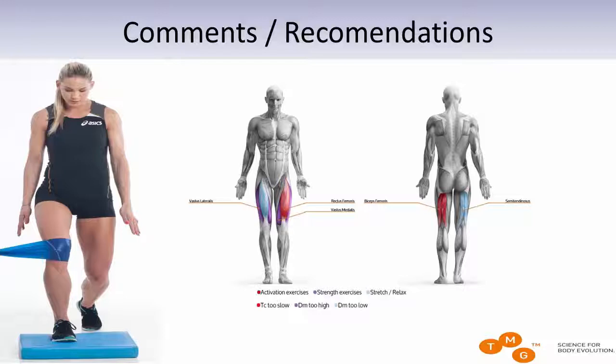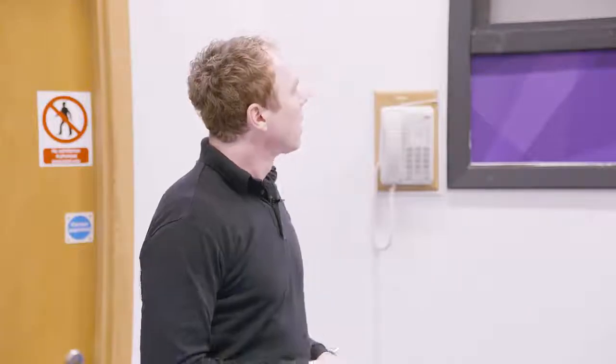If you get the red color, that muscle is too slow and it needs activation exercises, so you need to make that muscle faster. The reasons can be poor lateral symmetry, poor functional symmetry, or the muscle can be much slower than the reference values. Of course, this will be explained if you generate the long report, and it will tell you, okay, you should do this, but the reason for that is this and that.